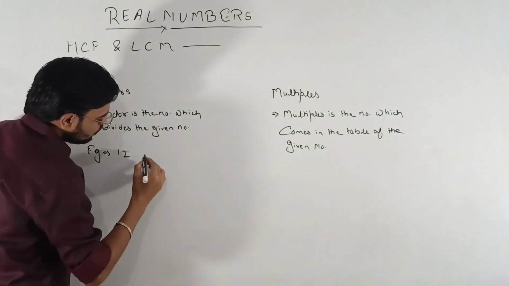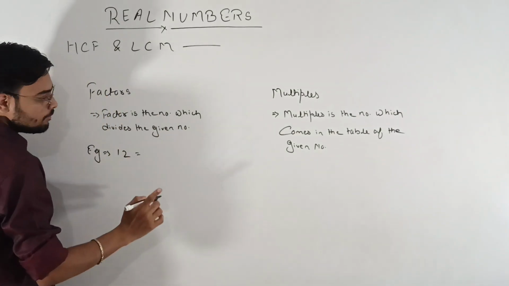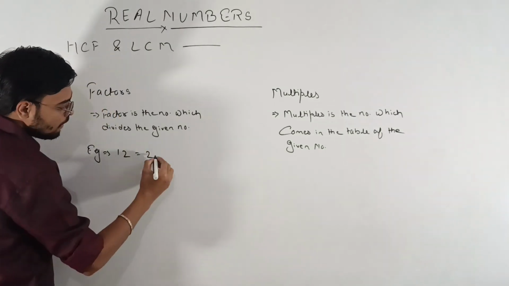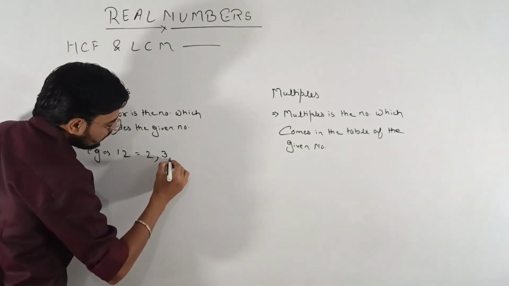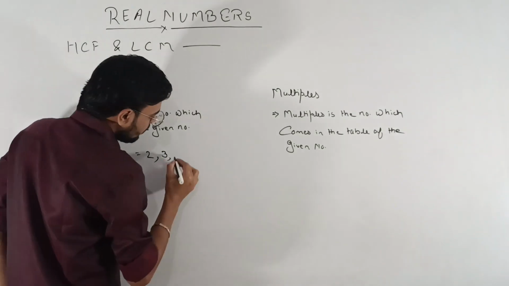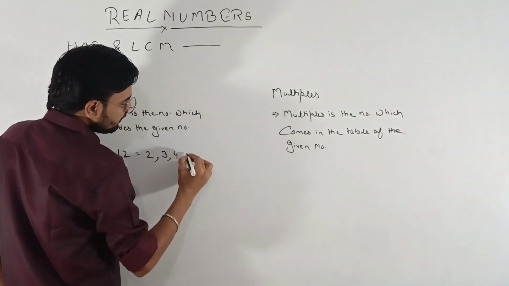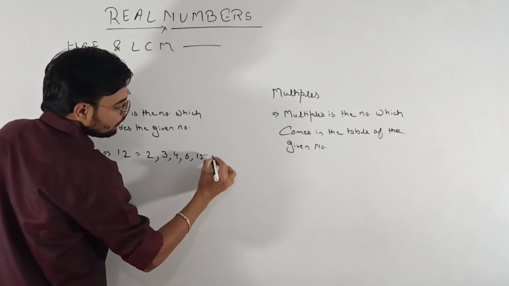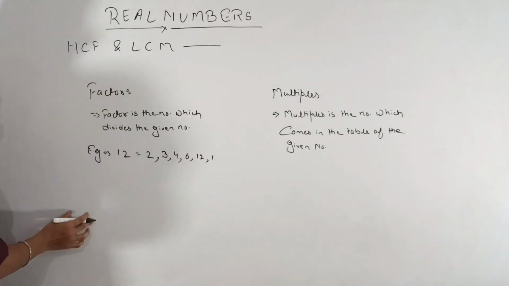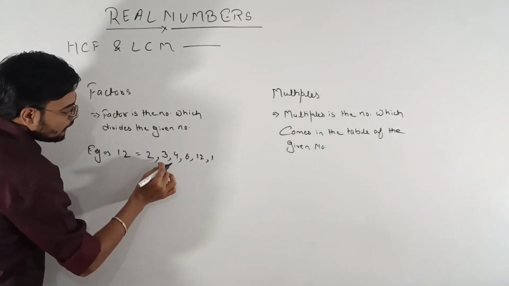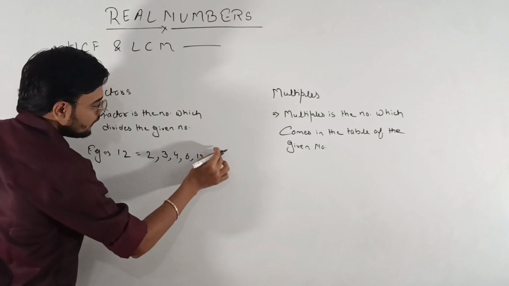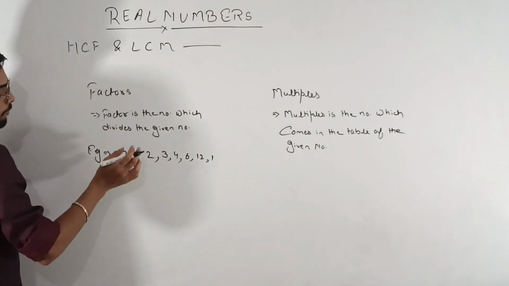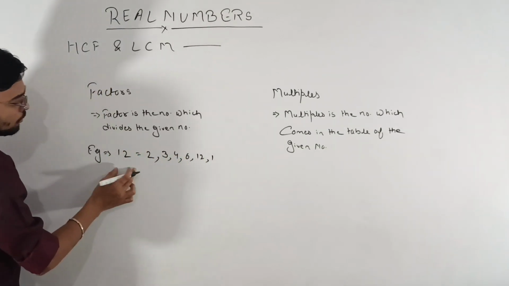Then think which number divides 12. 12 is divisible by 2, also divisible by 3, also divisible by 4, also divisible by 6, also divisible by 12, and also divisible by 1, which means 12 has 2, 3, 4, 6, 12 and 1 as factors.